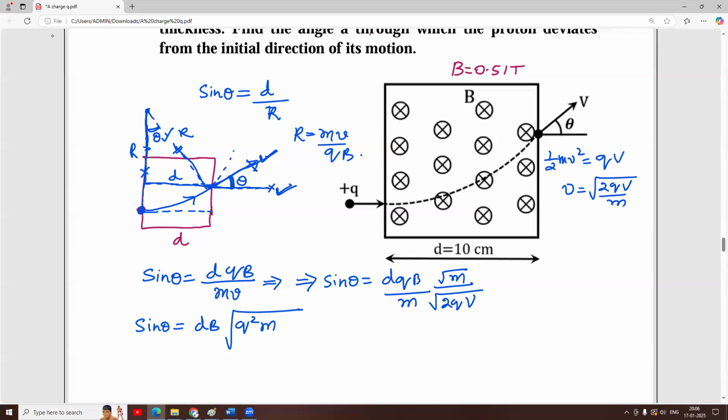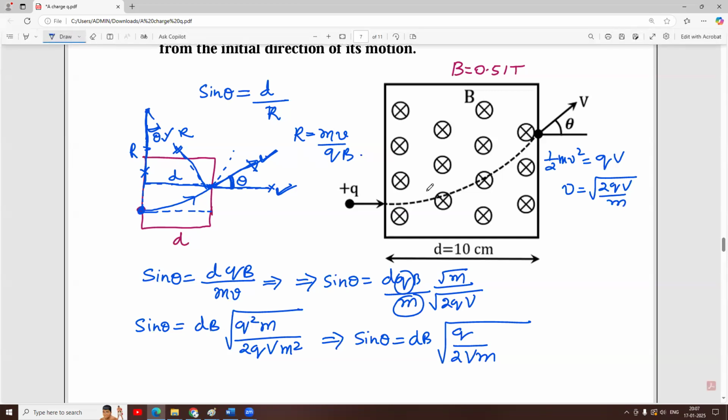You can take this m here, 2qV m squared. I have taken this m as m squared and this q as q squared, square root of q squared. So what is sine theta? Sine theta is equal to dB into root of, so one q will get cancelled, one m will get cancelled. So q by 2mV, that is sine theta.